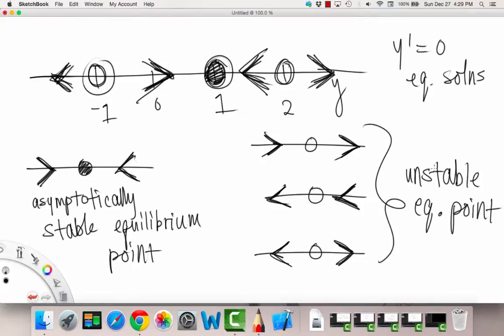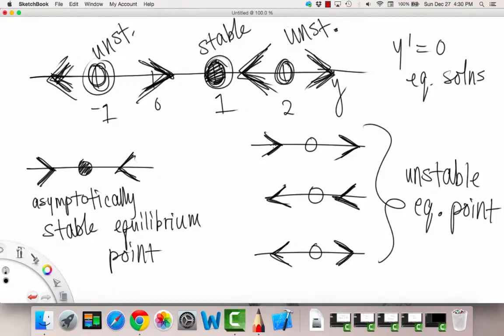Such as these ones here, because this one's pointing away, and these are also pointing away. So this would be a stable one here, this would be unstable, and this one would be unstable as well. Now on the next slide, I'll show you how to finish off this problem.